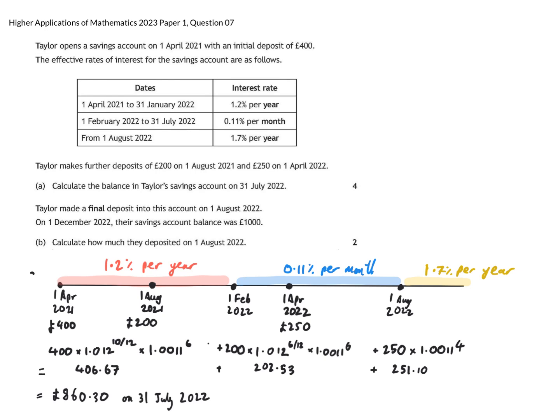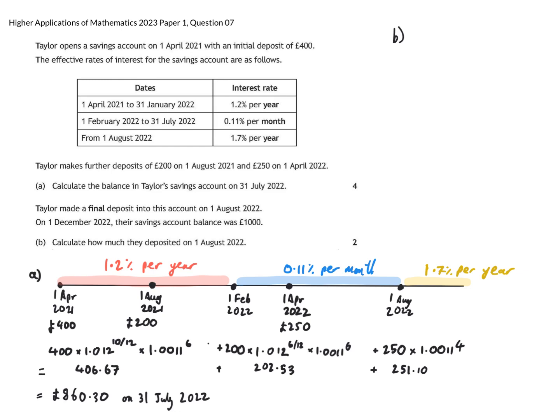Right, that was part A. I'm going to do part B up in the top right here. Taylor made a final deposit into this account on the 1st of August 2022. So this will be just after the account has hit this value.